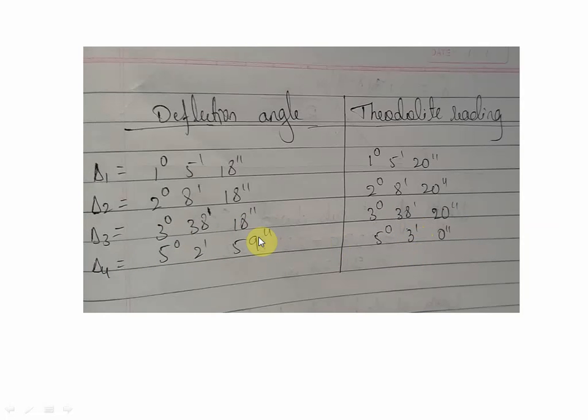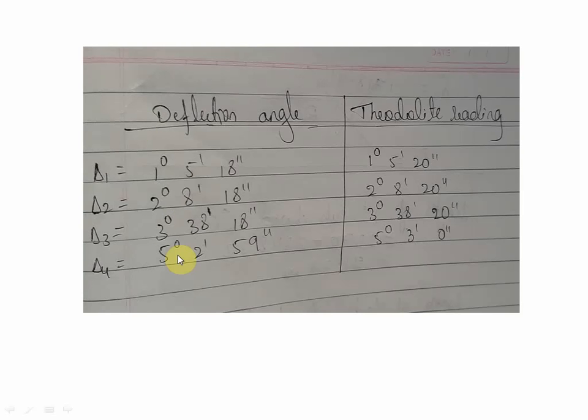Sorry, 60 seconds means 1 minute. Okay, so add that 1 minute into this. So it will be 5 degrees 3 minutes. Okay, remember, 60 seconds equal to 1 minute, 60 minutes equal to 1 degree, correct?